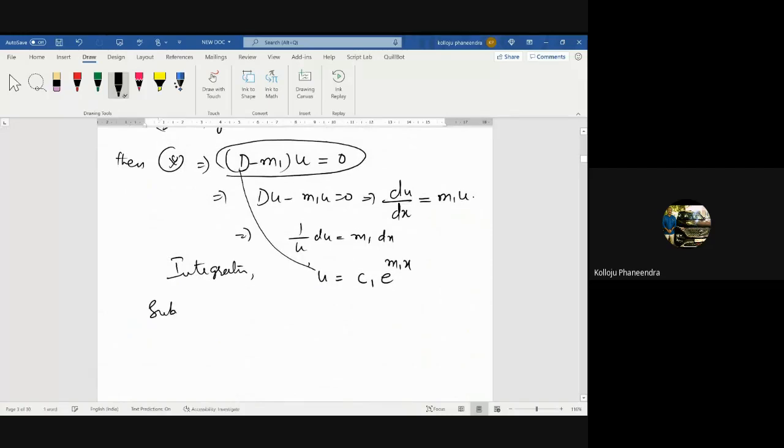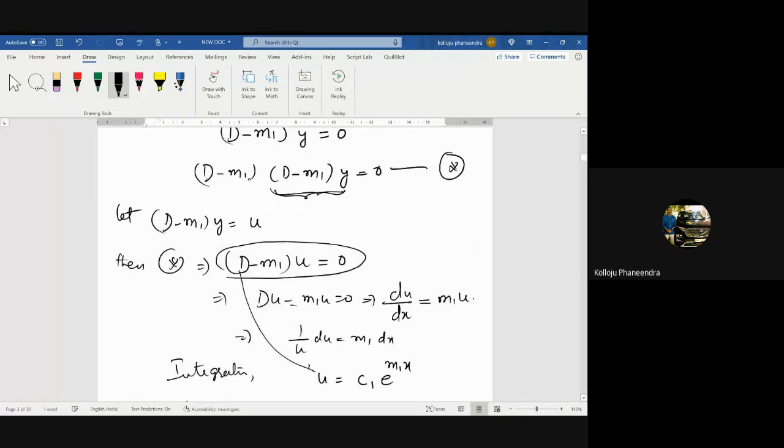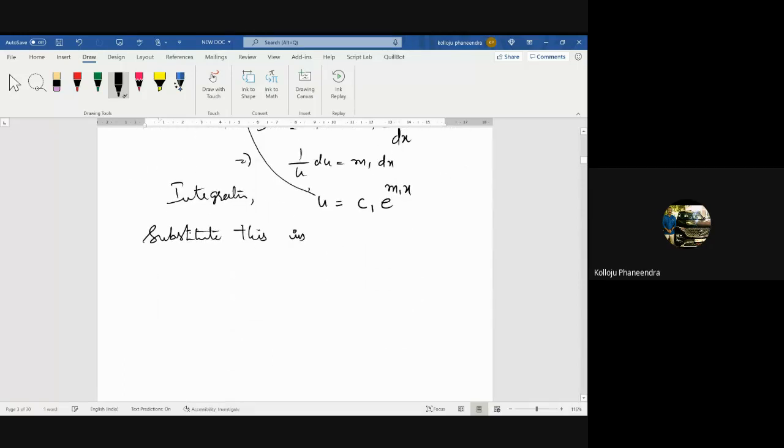Substitute this in star. So star implies D minus m1 into u equal to 0, and D minus m1 into c1 e power m1x equal to 0.